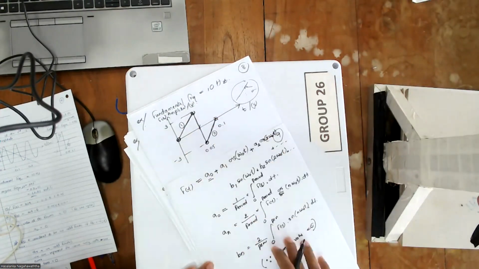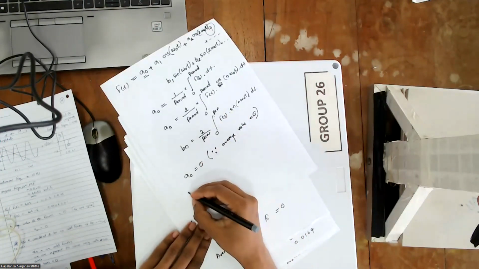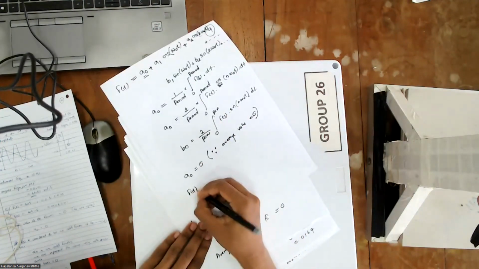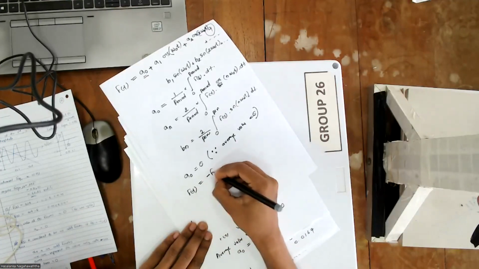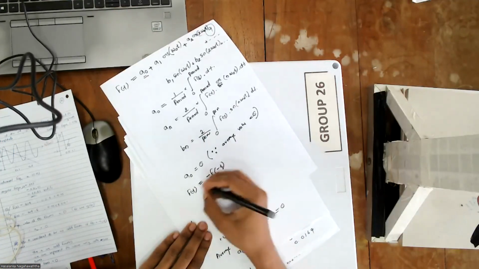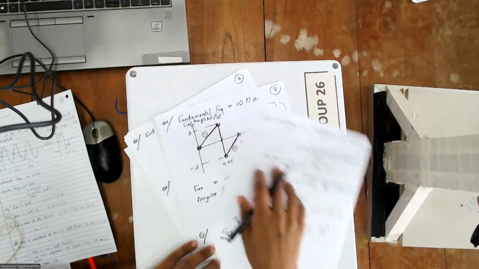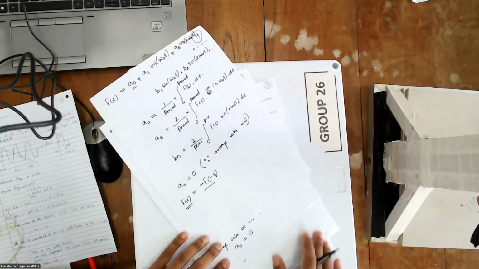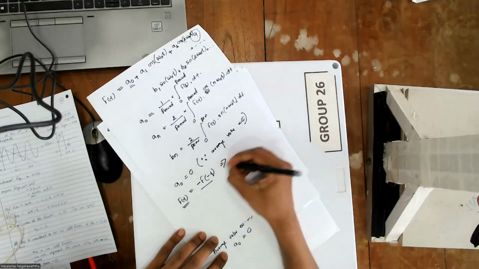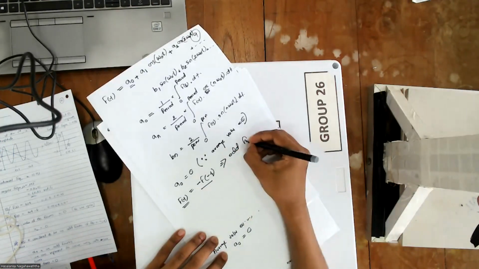Why? Odd function means f(t) is equal to minus f(minus t). If this is satisfied by this function curve, then that function is said to be an odd function.